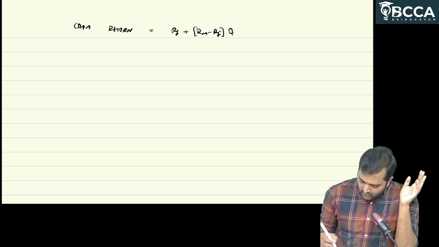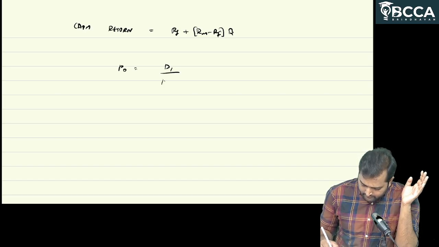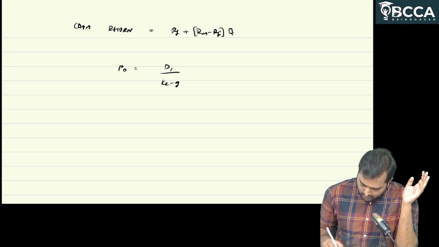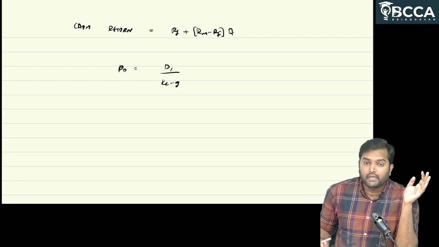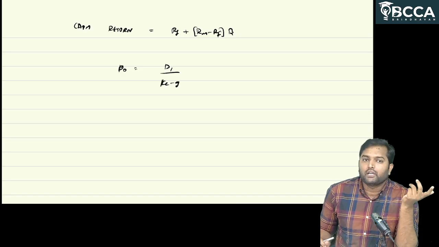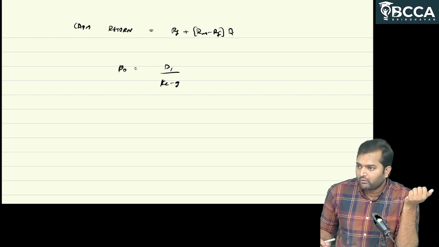So what is the formula for P naught? P naught is equal to D1 divided by KE minus G. KE means required return, so cost of equity, required return of an equity. How do we get required return on equity? By applying the CAPM return formula, RF plus RM minus RF into beta.